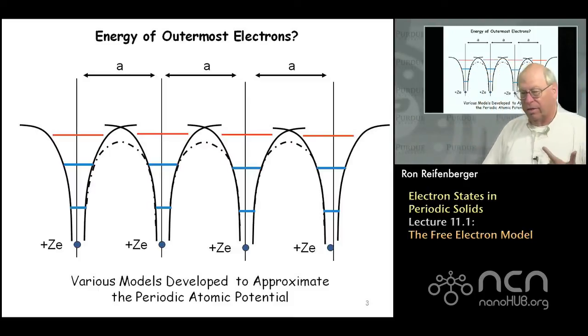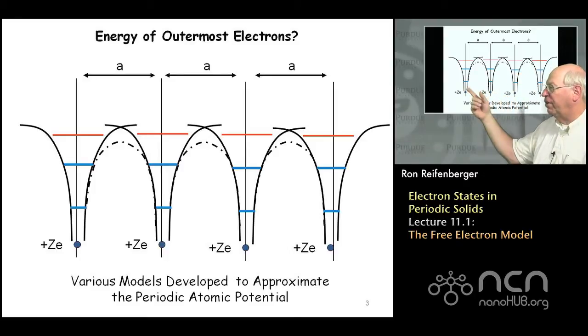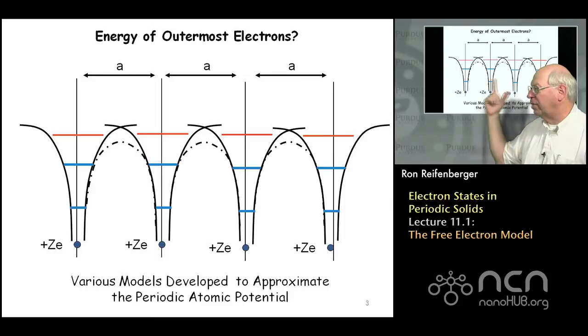I think the thing to remember is that the various models that are developed to describe electron states in solids involve different approximations to this rather drastic variation in the interatomic interaction potential energy that the electrons experience.